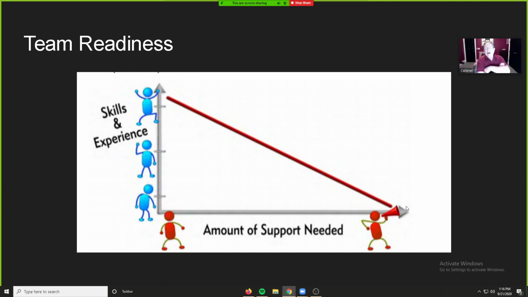So, let me ask you a question. Which group of theories does this idea fall under? Remember, we talked about trait theory, situational.